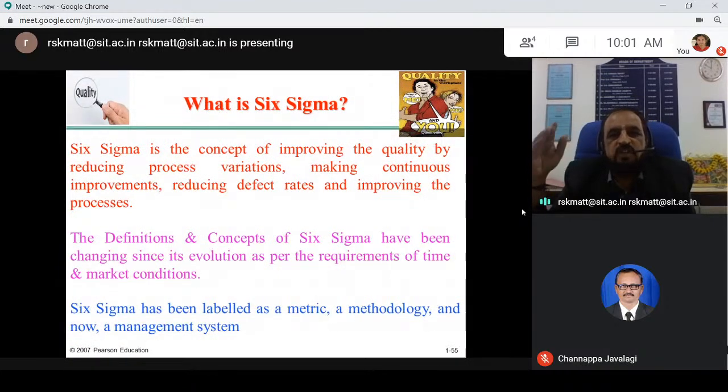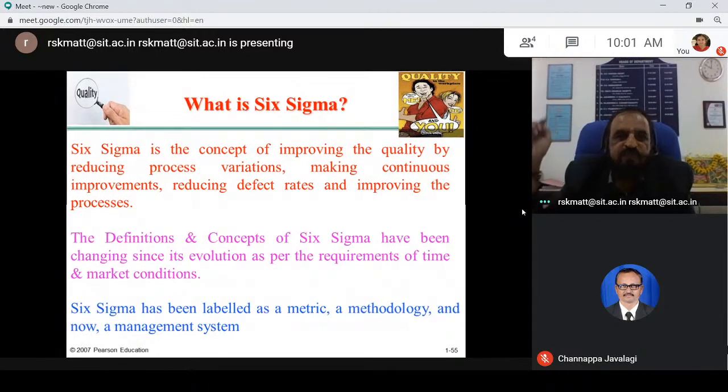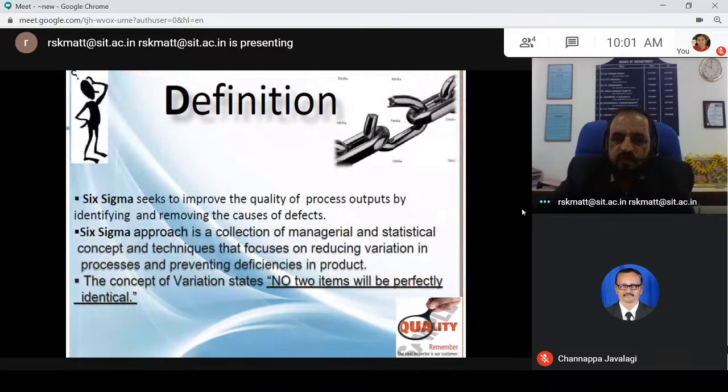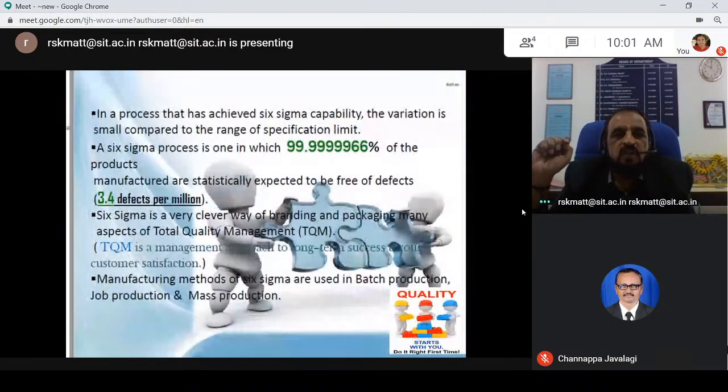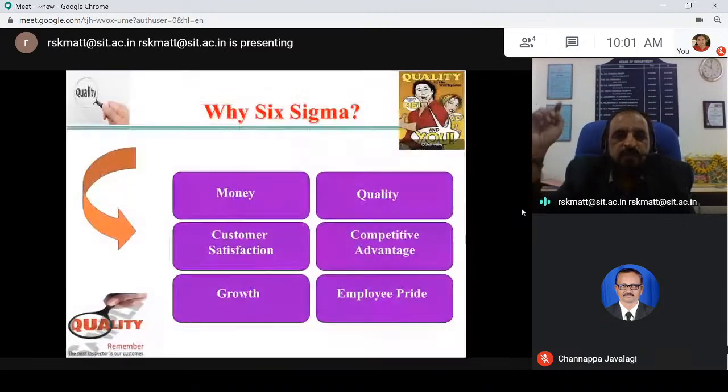It is a concept of improving quality by reducing process variations and making continuous improvements, reducing defect rates and improving processes. Six Sigma has been labeled as a metric, a methodology, and now a management system. And I also discussed this earlier.